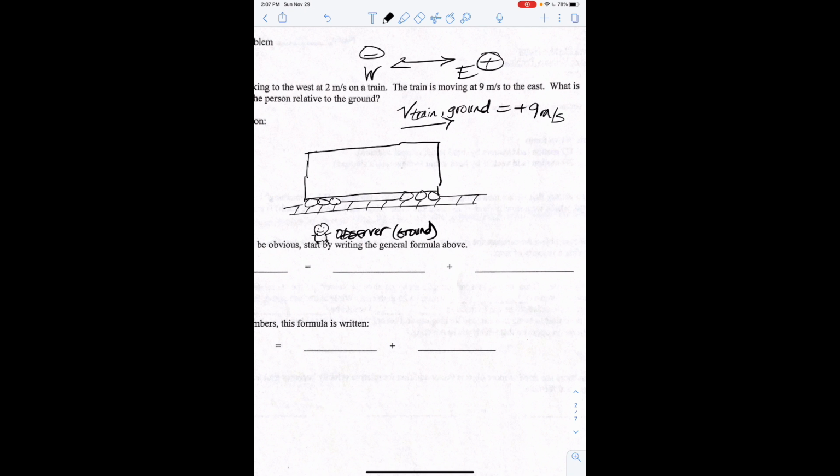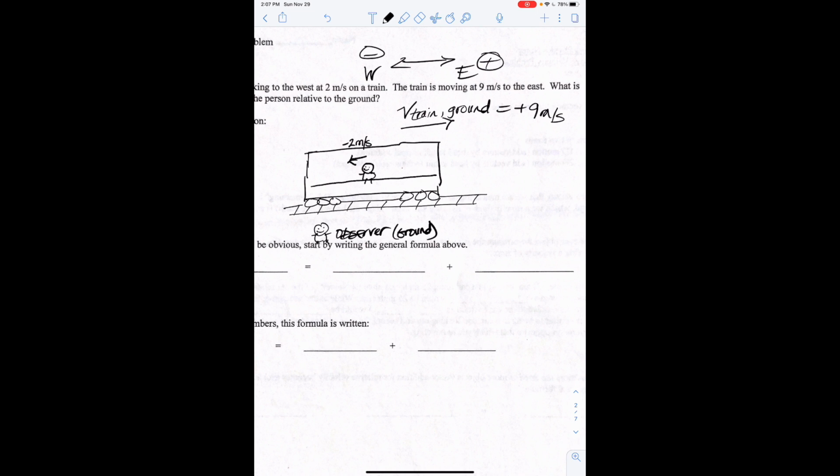Okay, but then there's this person that is on the train walking to the west at 2 meters per second. Since it's west, we'll say negative 2 meters per second.